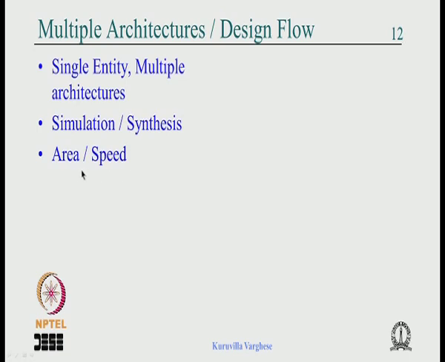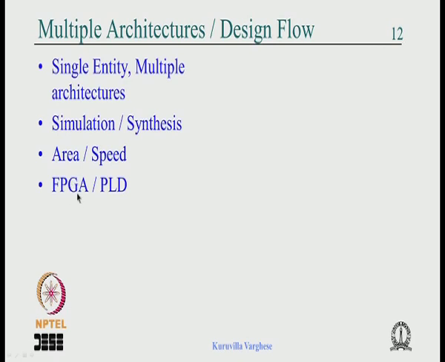So when you write an entity and architecture, you might write an architecture which gives a very minimal area but less speed, or one which gives really good speed but the area may not be minimal. And once again, maybe you can write an architecture suited for FPGA in a particular way.